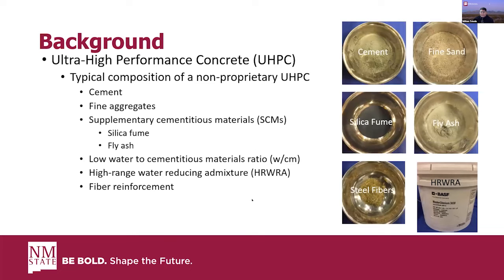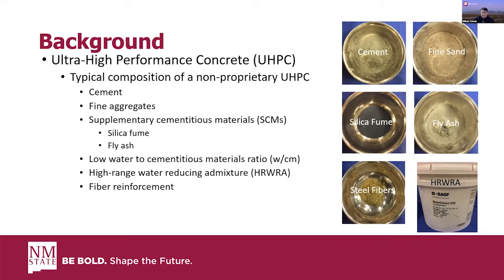Okay, so the typical composition of UHPC, or the non-proprietary UHPC we developed at New Mexico State University. Of course, we have our type I/II cement, our fine sand that's passed through a number 4 sieve, and we utilize supplementary cementitious materials to make up some of that cement content, which is made up of silica fume and fly ash. And typically for UHPC, we have a low water to cementitious materials ratio, typically around 0.13 to 0.16.